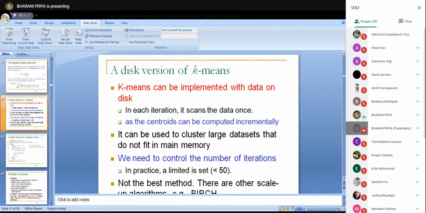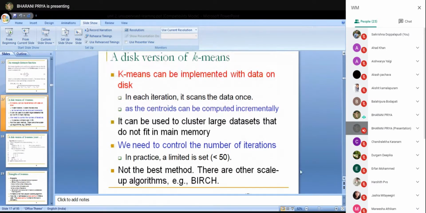So what is the stopping criteria? How many iterations will go? In practice, the limit is less than 50, which is not so appreciable. So the best method used for the disk version of k-means is the Birch algorithm. Have you studied the Birch algorithm in data mining?